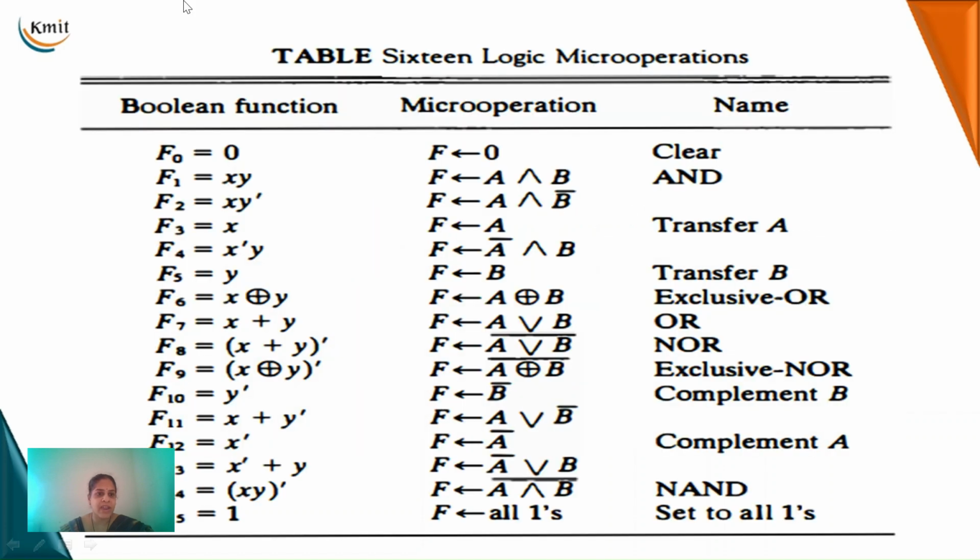Next coming to F8, X plus Y whole complement, which means A and B whole complement, which is called a NOR operation, which means we are going to perform A or B and then perform a complement operation for the result.